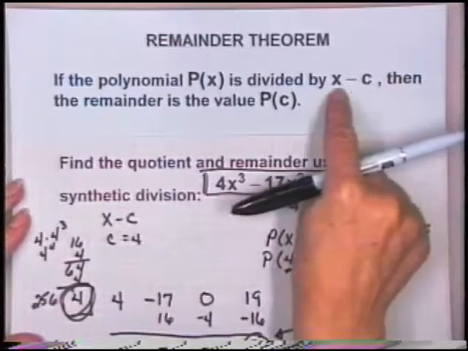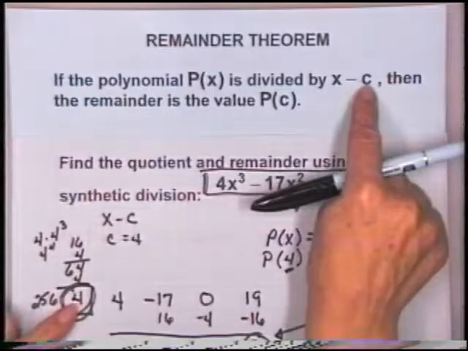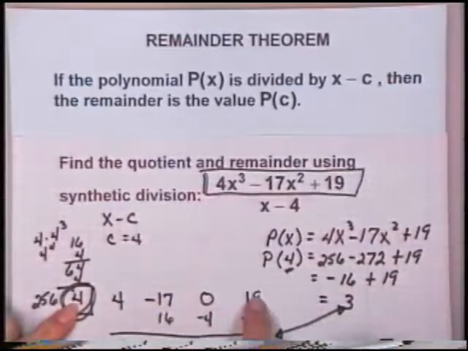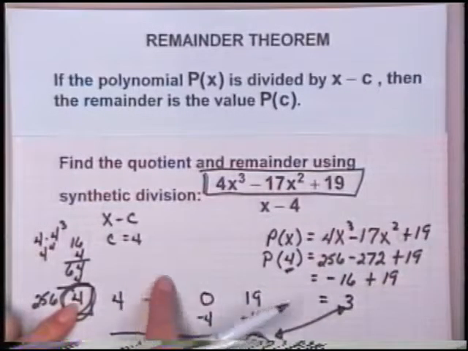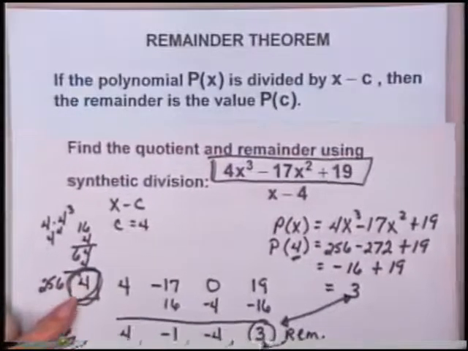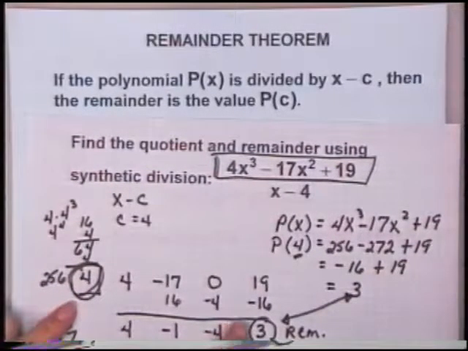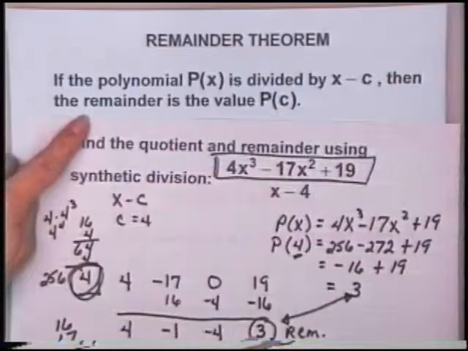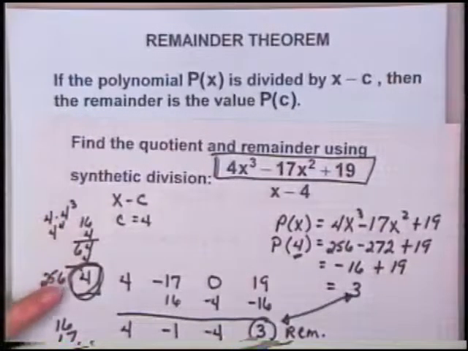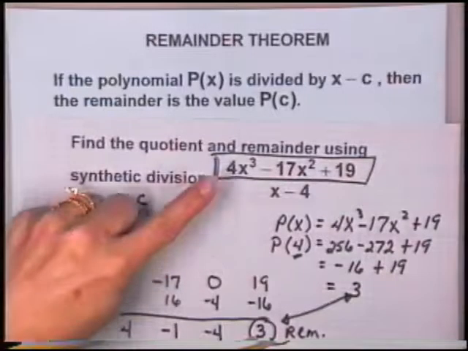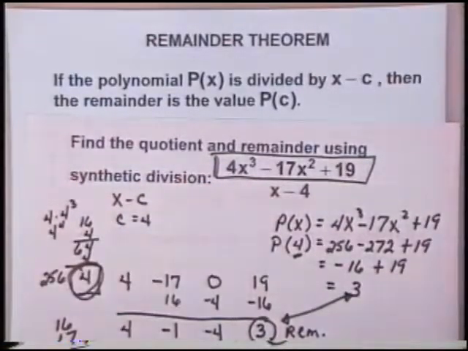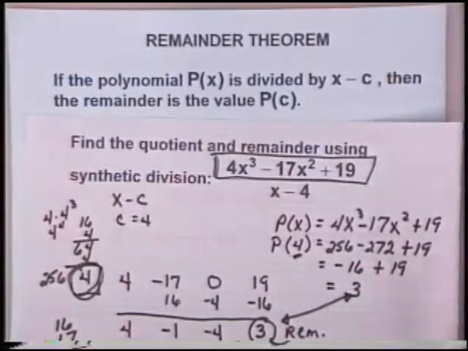Now, remember, to divide by something like this, what do we do? We put the c in front and we use the coefficients, right? That synthetic division process is easy, and it's easy to come up with that remainder. What it's telling me is that this remainder is always going to give me the value that I would get if I substituted this divisor into this original polynomial here. Okay, we're going to actually use this theorem in a minute to get us some quick answers.